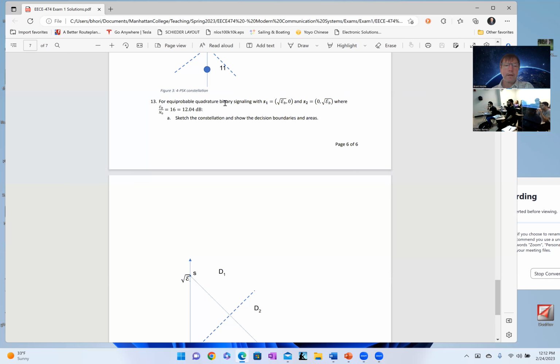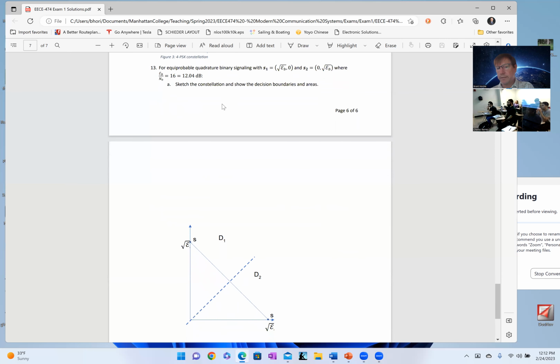So all right, 13. This one was actually complex, but we went over that in class as the exercise or the example that we derived for quadrature signaling, and I basically told you to take note of that, right? I try to give you guys a good idea of what I think is important.